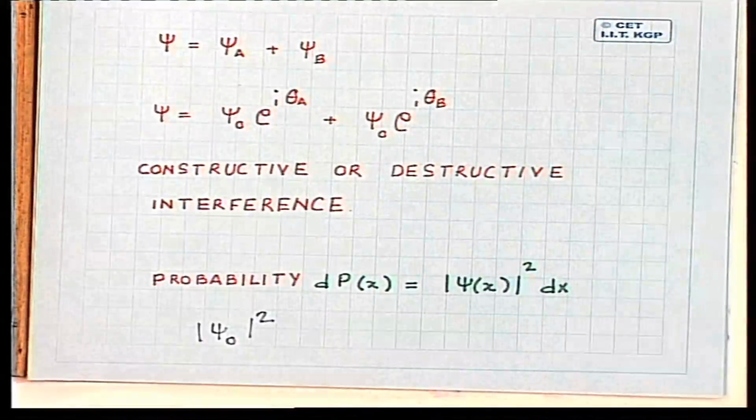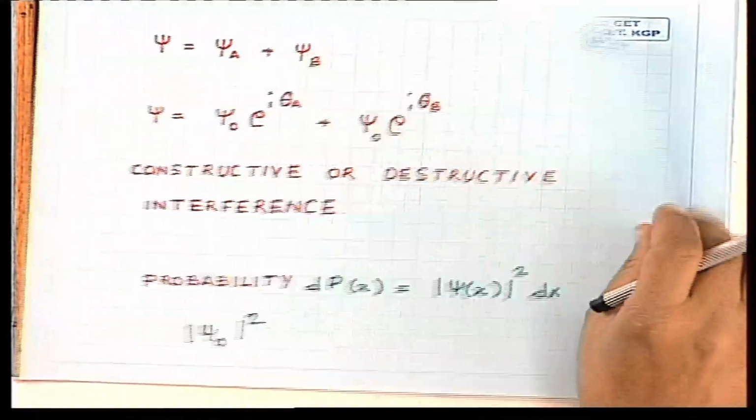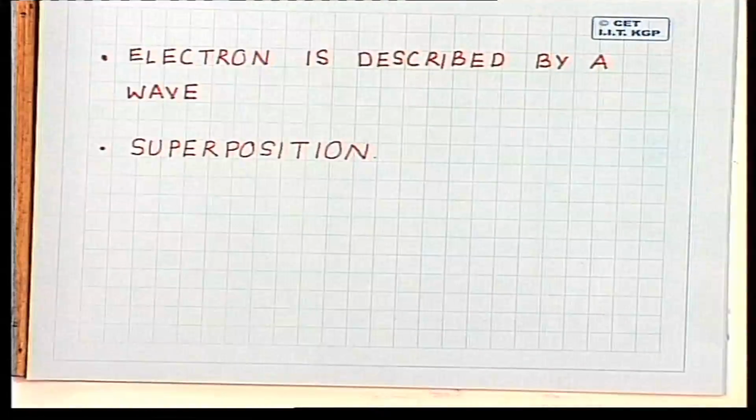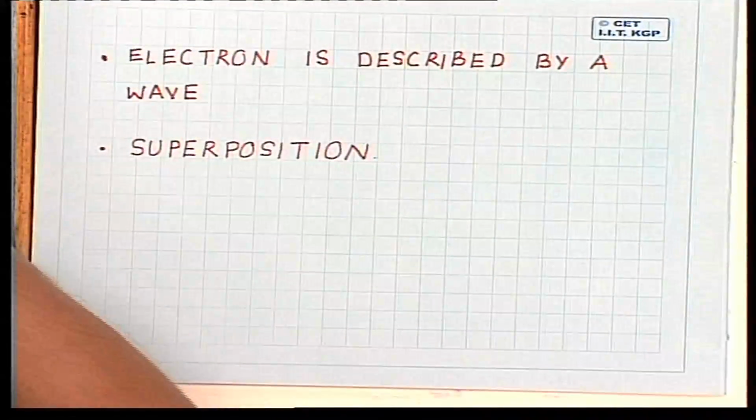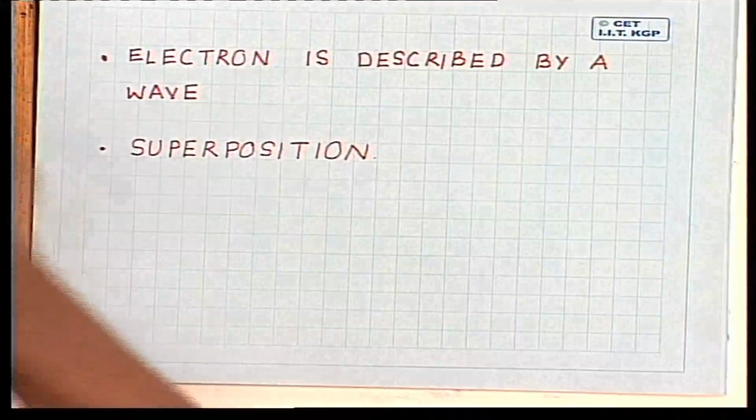So we see that we have to invoke the wave property for the electron, which is something totally new. In our classical understanding, the electron was treated as a particle. So this is the classical picture of the electron.